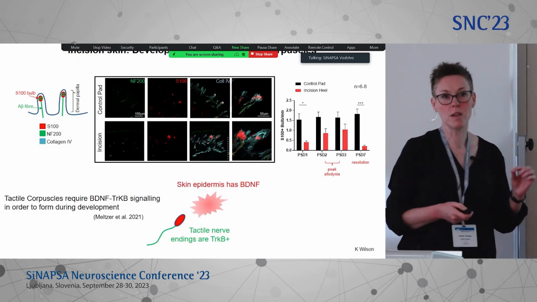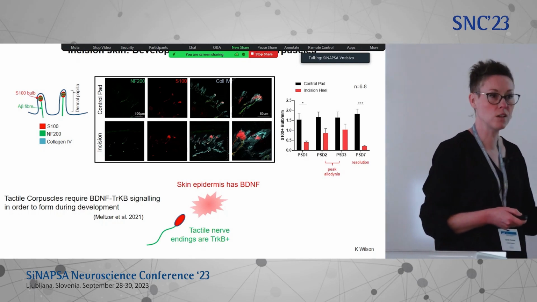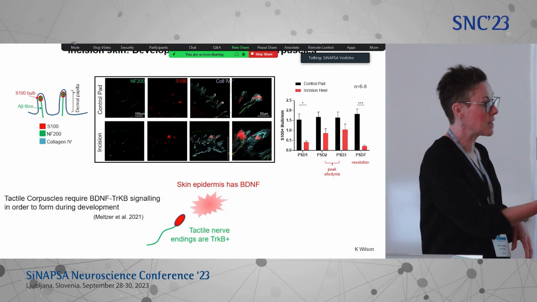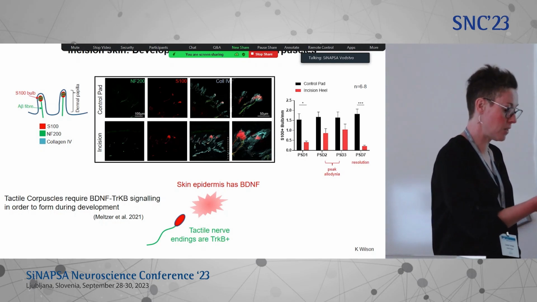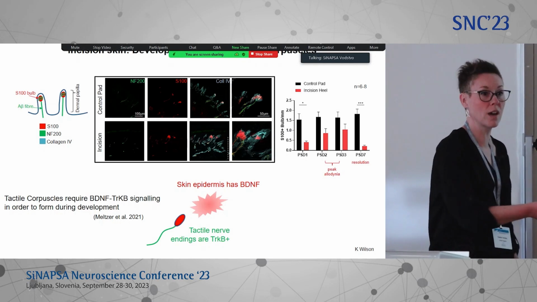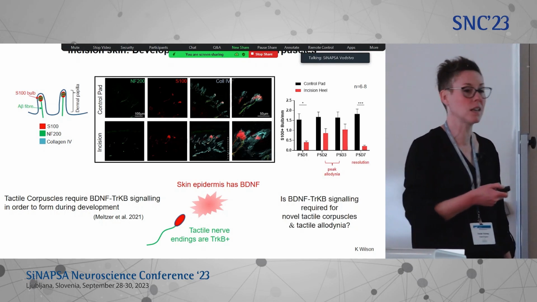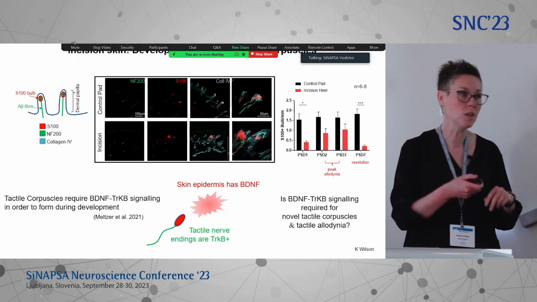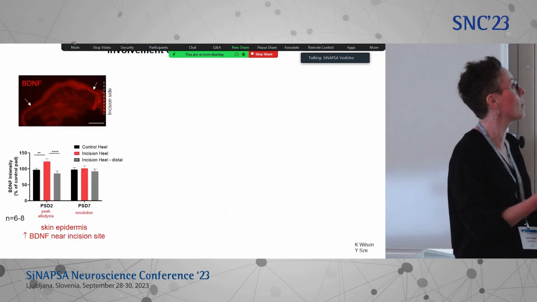And during development, these corpuscles require BDNF TrkB signaling in order to form, with the skin epidermal cells containing BDNF and the tactile nerve ending, the TrkB receptor. So we asked, is this signaling required for these novel tactile corpuscles and this tactile allodynia?